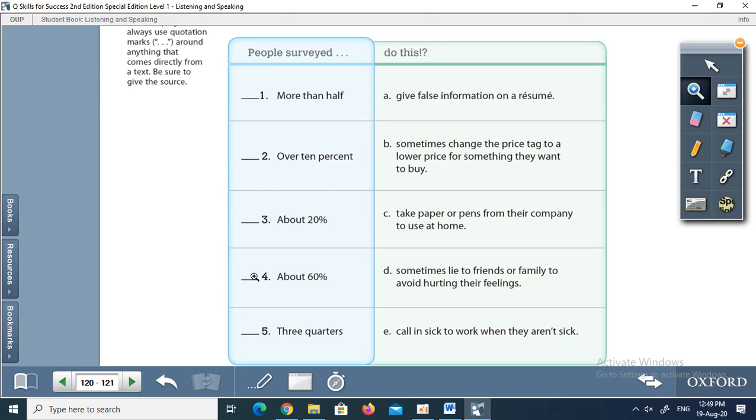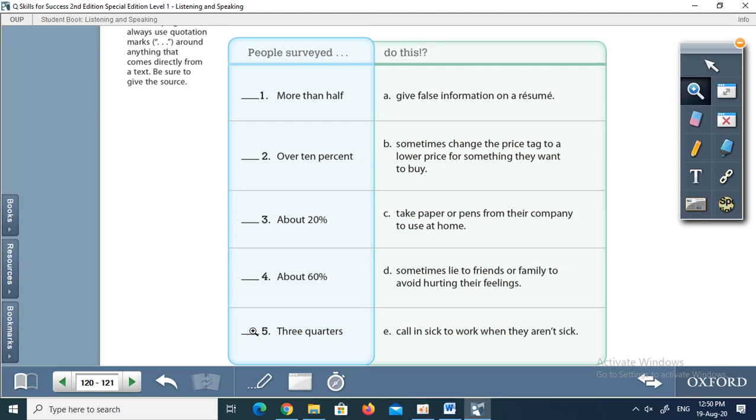Number 4. About 60% call in sick to work when they aren't sick. Take the correct letter from here and put it next to 4.